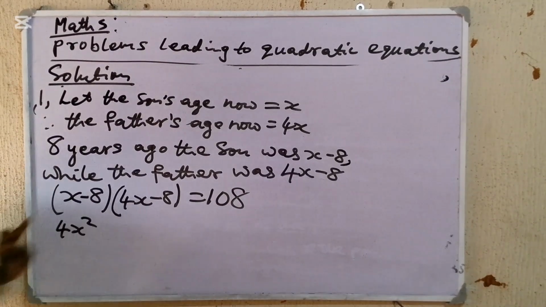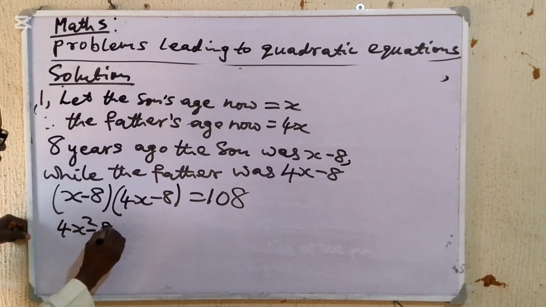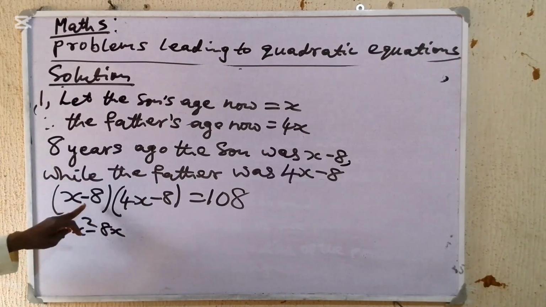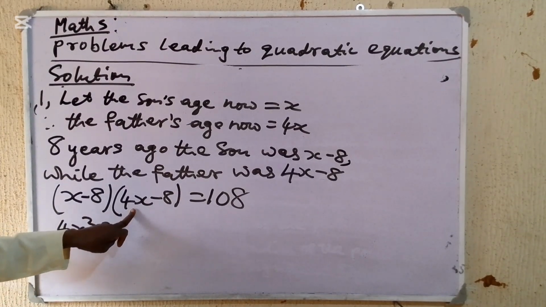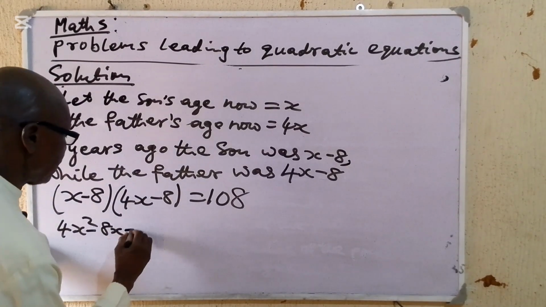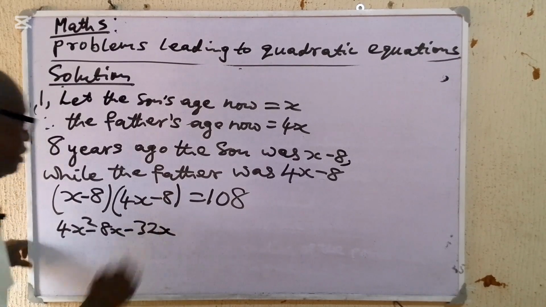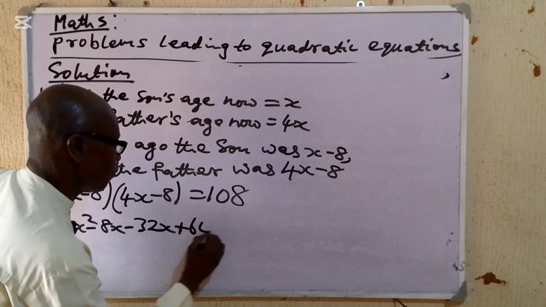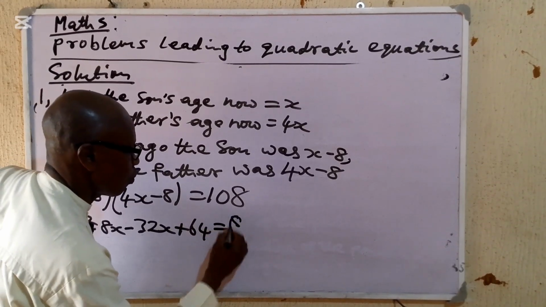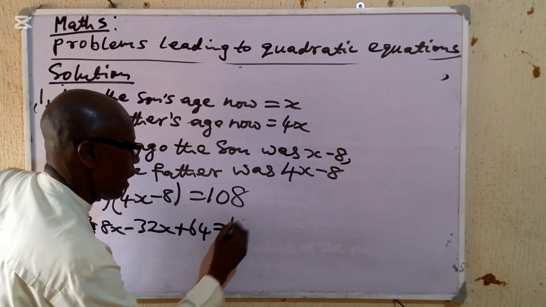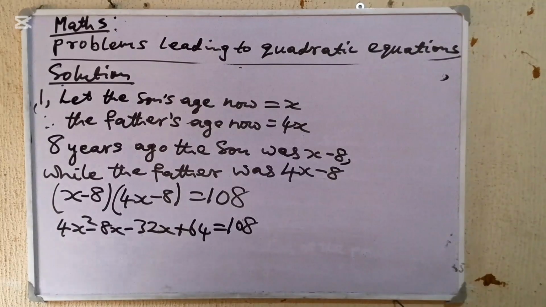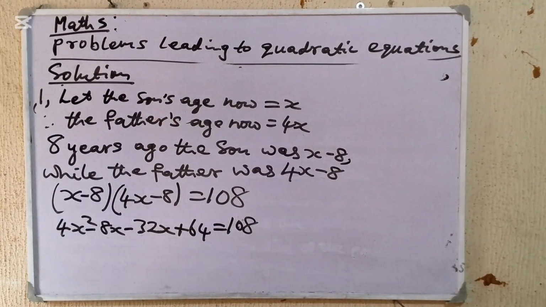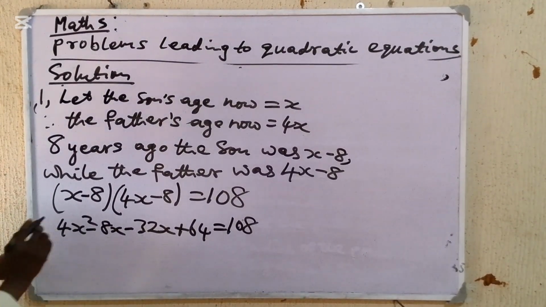X times minus 8 will give us minus 8x. Minus 8 times 4x will give us minus 32x. And then minus 8 times minus 8 will give us plus 64, which is equal to 108.